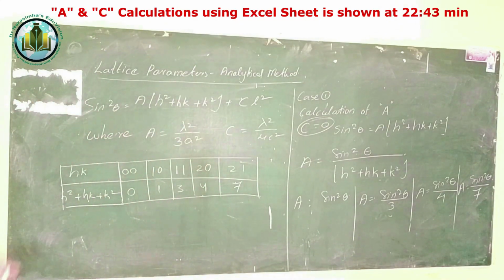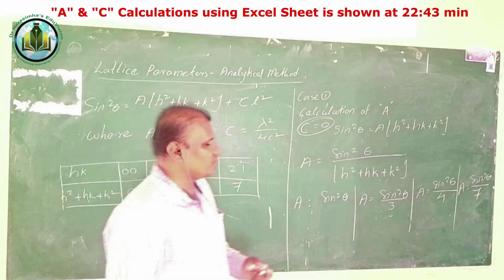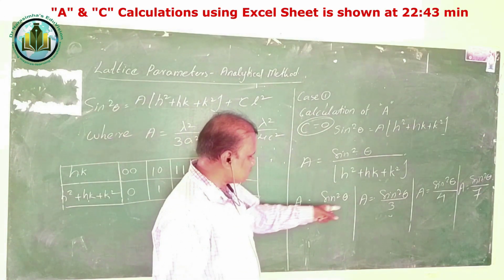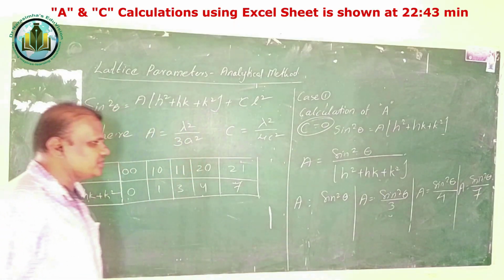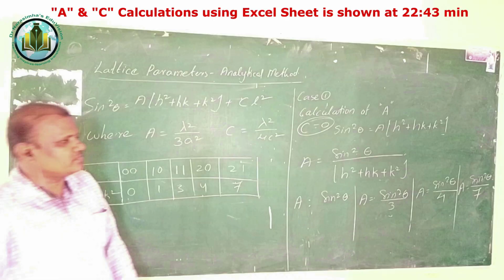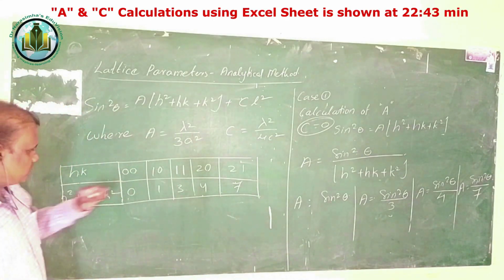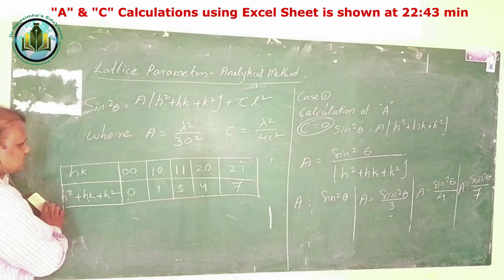I am going to take the help of an Excel sheet in which I assign these 4 columns. You can continue the values. I will show the table on the monitor.